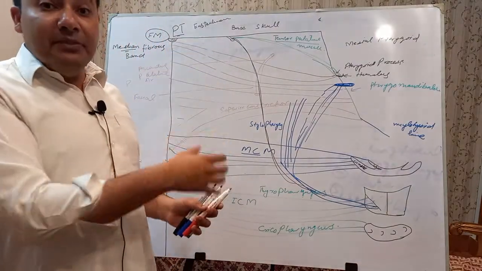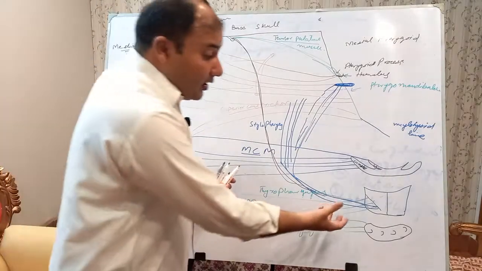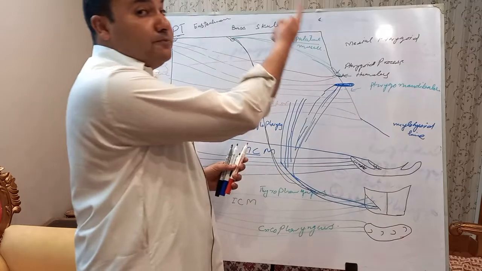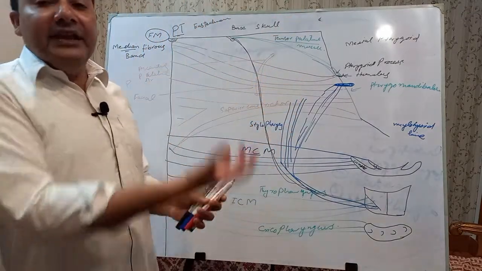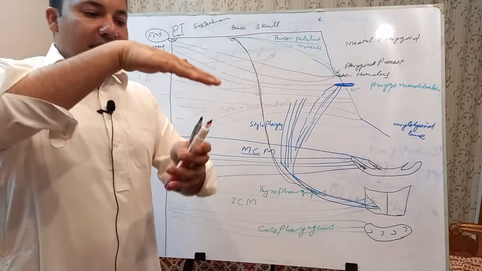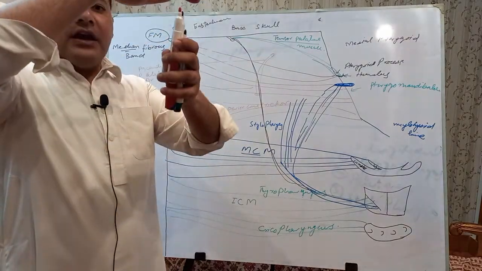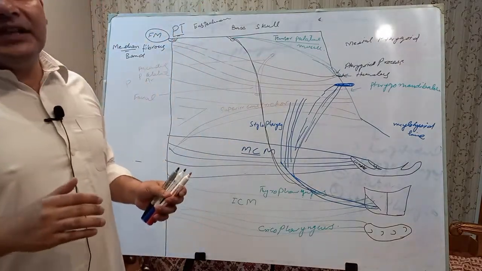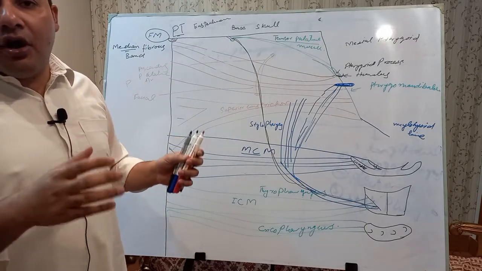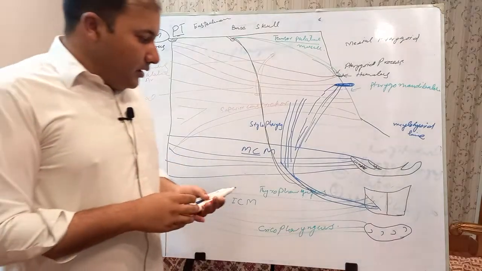When these three muscles constrict, the larynx is pulled upward, elevated. So the epiglottis comes downward and the larynx goes upward. It closes the inlet of the larynx during the process of swallowing.